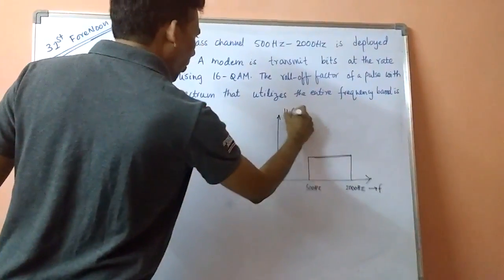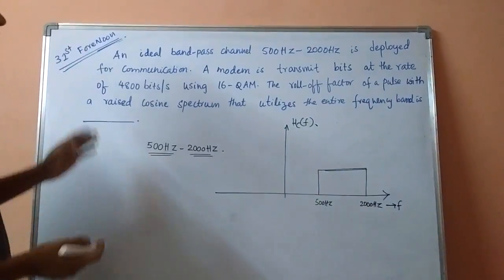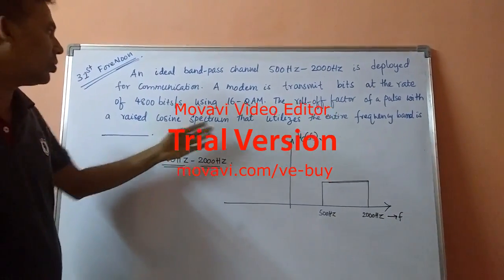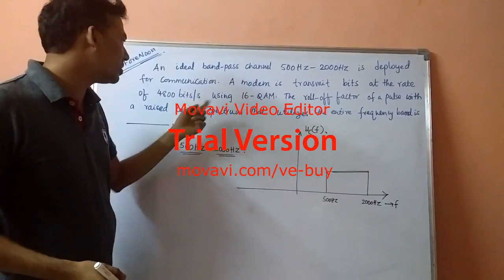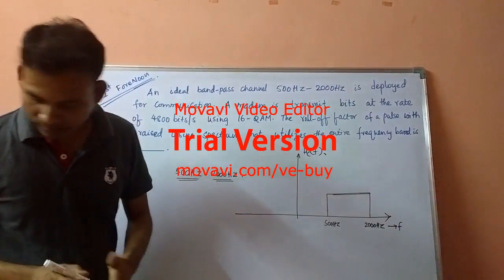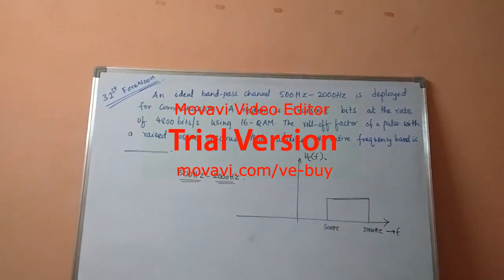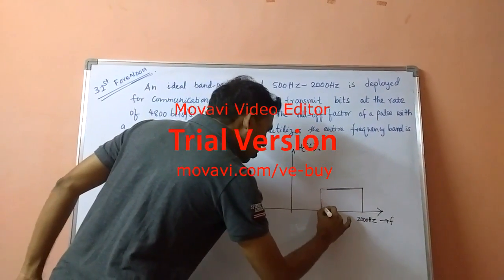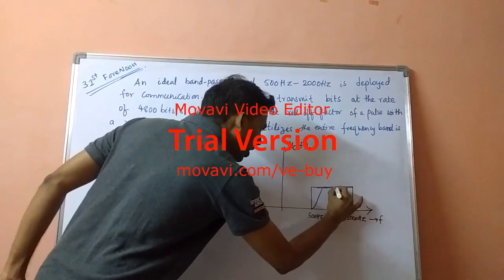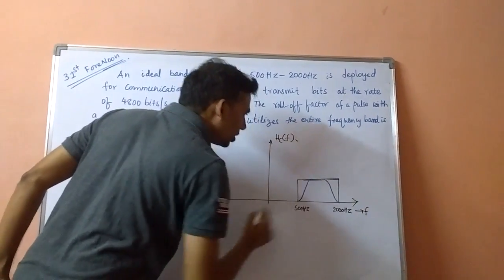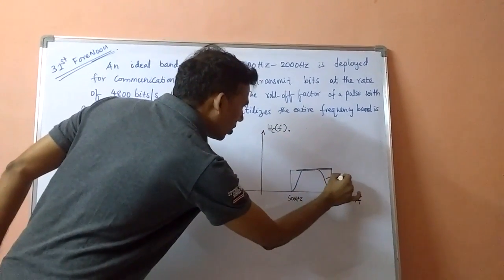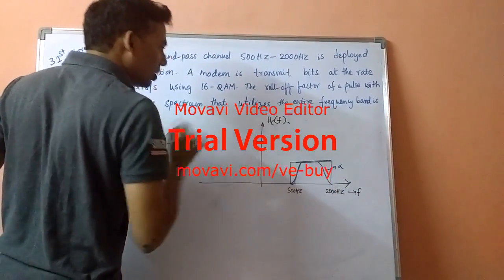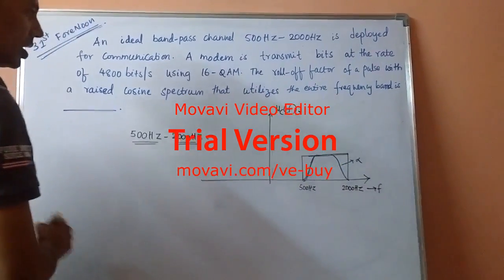And now we are using the raised cosine pulse spectrum, utilizing the entire band of frequencies by using 16 QAM. A raised cosine pulse has a roll-off factor alpha.